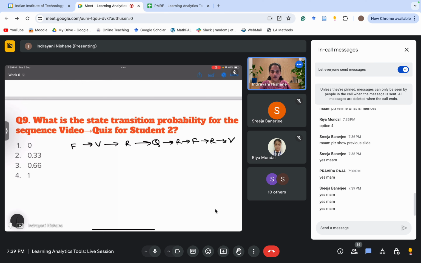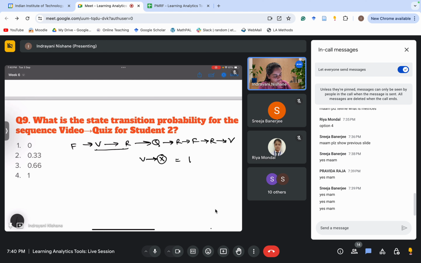If you remember how we calculated transition probability in the last class, we calculated the number of times a transition from video to any other node has happened. So let us count the number of times video to any other node. Here, video to any other node has occurred only once.